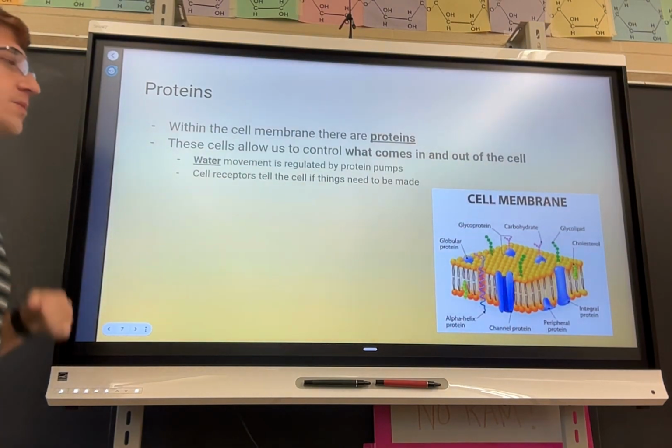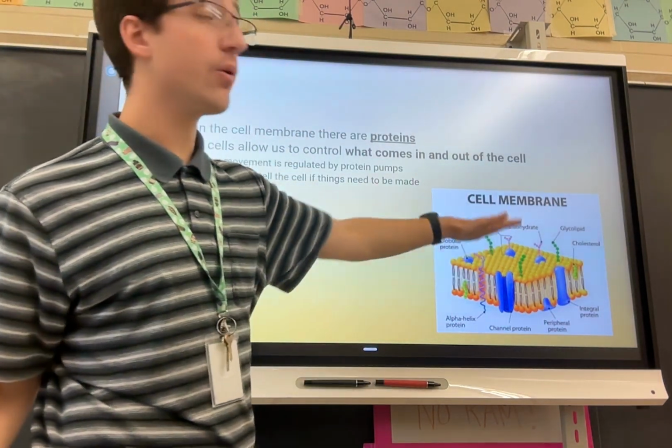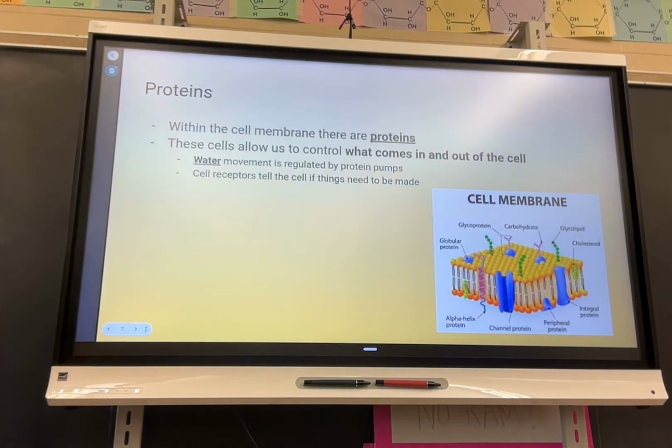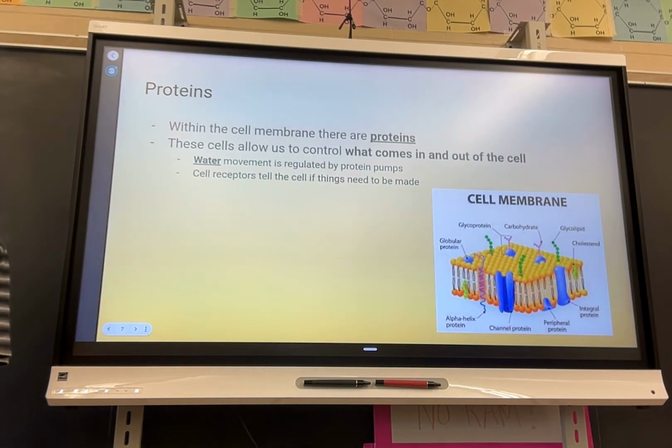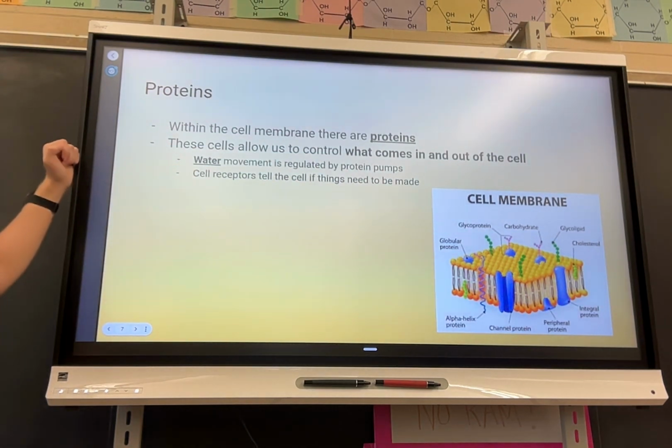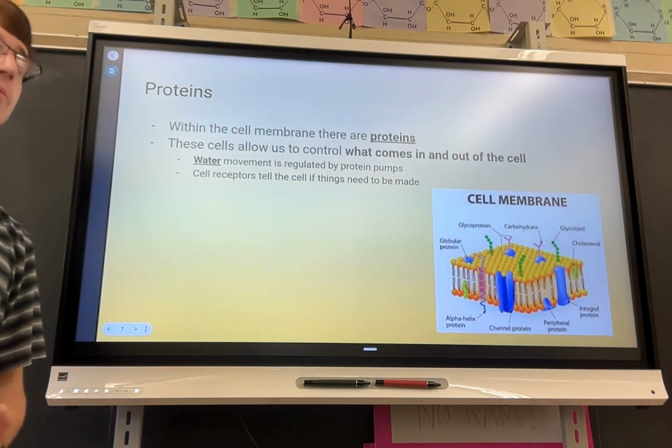There's also going to be cell receptors that stick out of the membrane, and that's going to signal things like, oh, a certain hormone needs to be produced, and then that'll trigger in the cell, or different sensory things. But proteins are going to be important because they're embedded into the cell membrane. And like I said, they're going to help get things in and out.